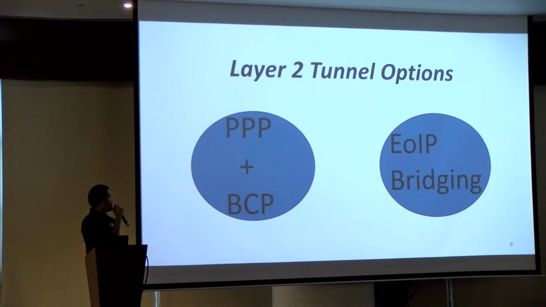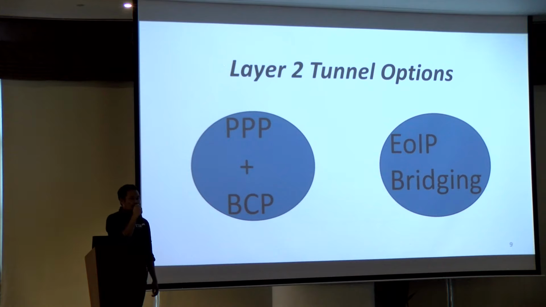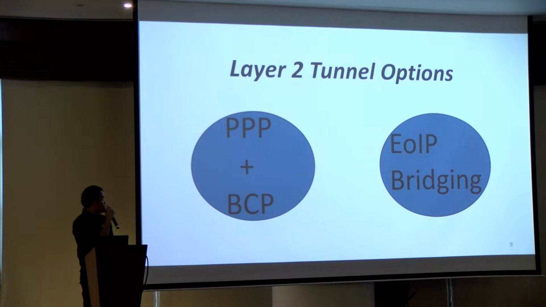Okay, Layer 2 tunnel options. There are two options to make a Layer 2 network: PPP plus BCP, or EoIP bridging on MikroTik. PPP plus BCP means PPP, point-to-point protocol, supported with BCP, such as PPTP, SSTP, OVPN, and L2TP.